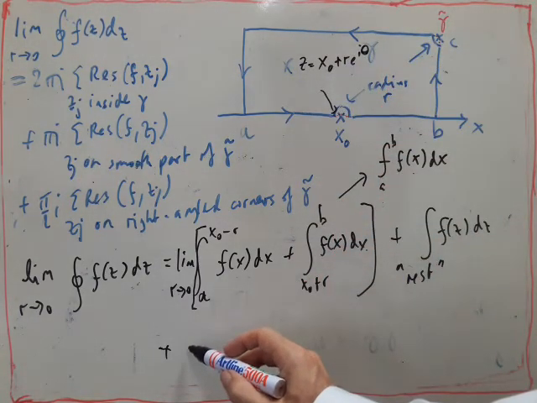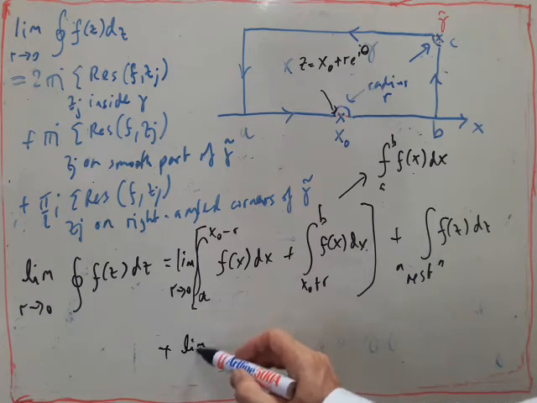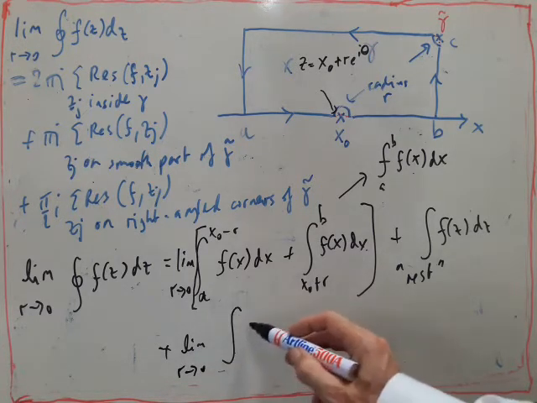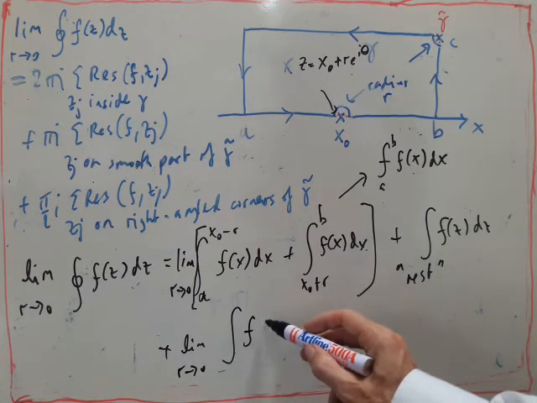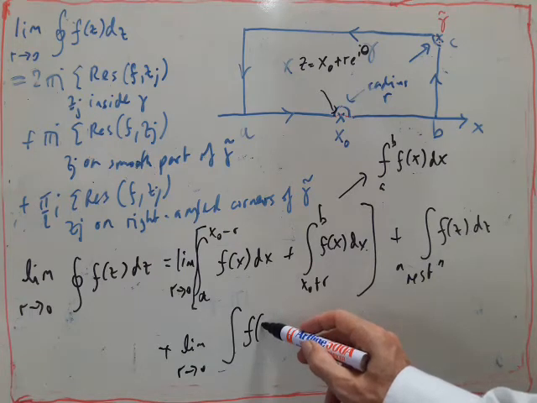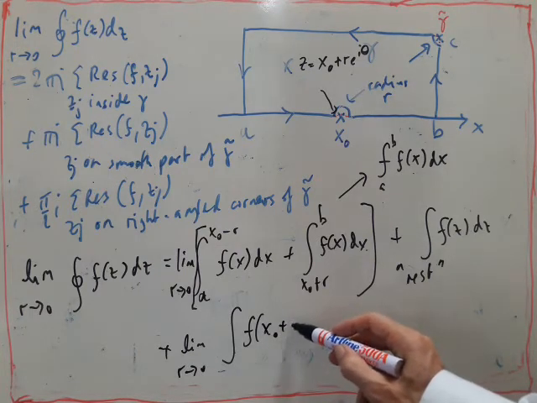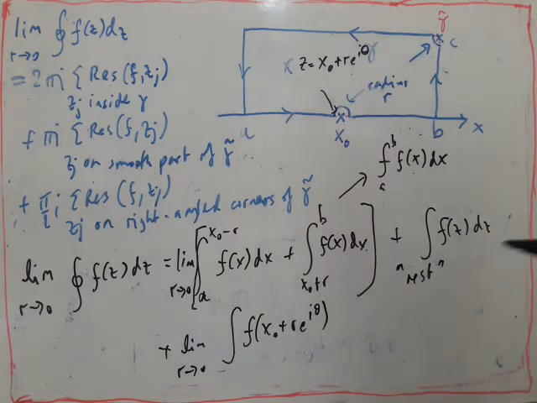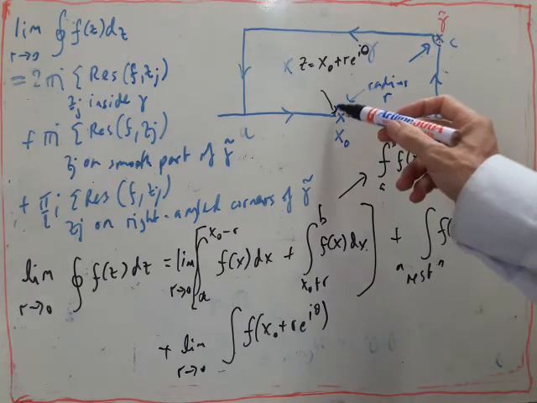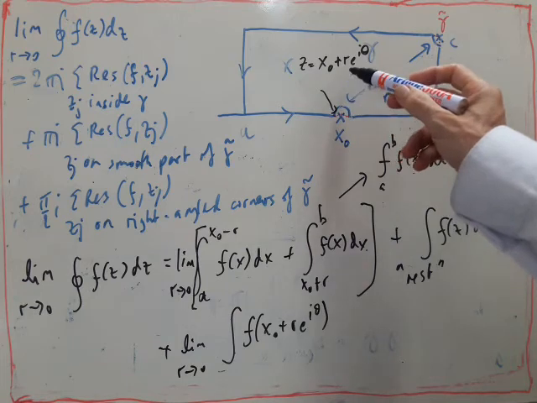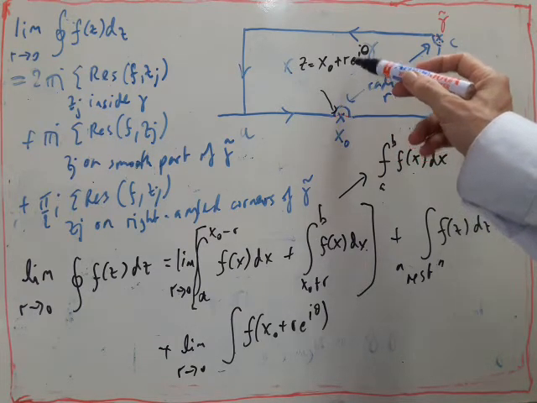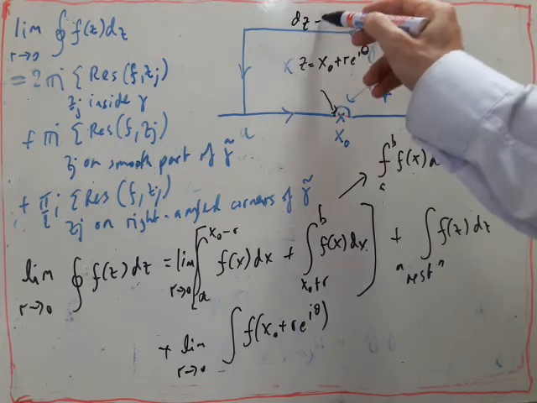So we've got the limit as r goes to 0 of, and I'm going to change variables and make just dz.